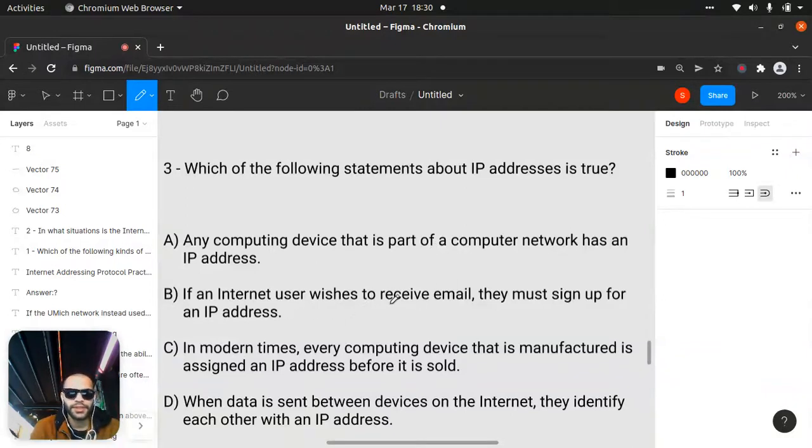If an internet user wishes to receive email, they must sign up for an IP address. No. In modern times, every computing device that is manufactured is assigned an IP address before it's sold. When data is sent between devices on the internet, they identify each other with an IP address.